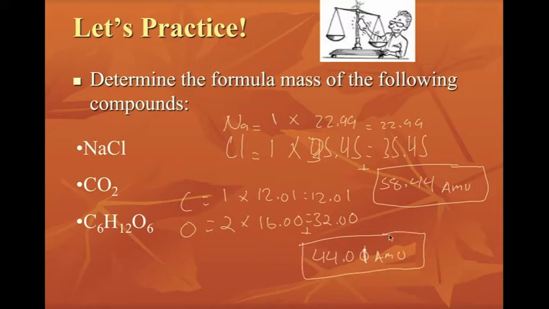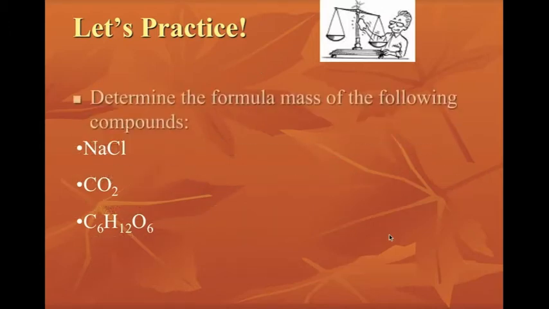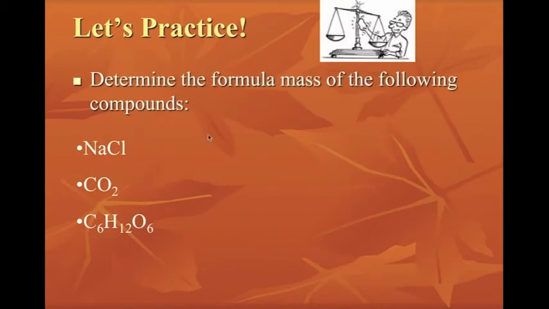And then lastly, we have C6H12O6. We set it up the same way with carbon, hydrogen, and oxygen. We have 6 carbons, 12 hydrogens, and 6 oxygens.